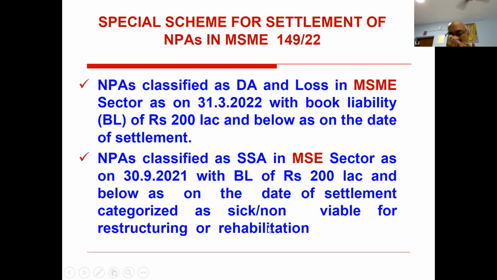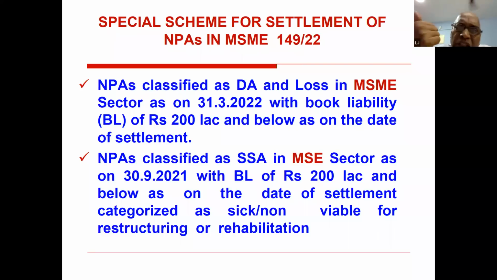So they asked these questions: what should the liability be, and as on which date are the accounts eligible under the special OTS scheme? If it is MSME, it should have been classified as doubtful or loss asset as on 31st March 2022. The book liability should be 2 crores or less than 2 crores. You can bring it under the special OTS.